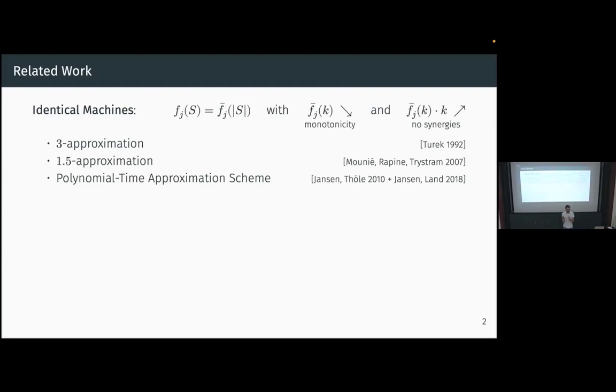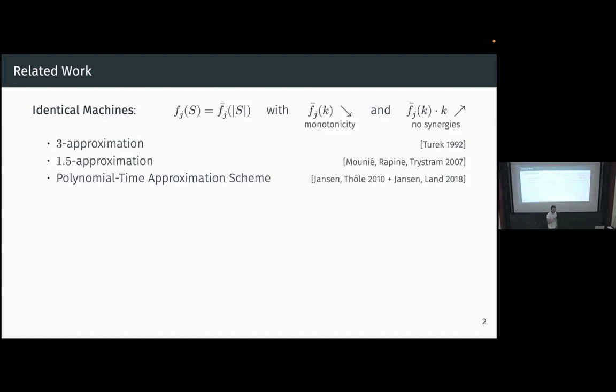Because all the machines are identical. So when you assign a set of machines to a job, the processing time is just a function of the cardinality of the set. And the typical assumptions made in the literature are that, okay, if you take more machines, then the processing time will likely go down. But the total amount of work that it takes to process the job doesn't go down. Yeah? So this function here, f of k times k, is non-decreasing.